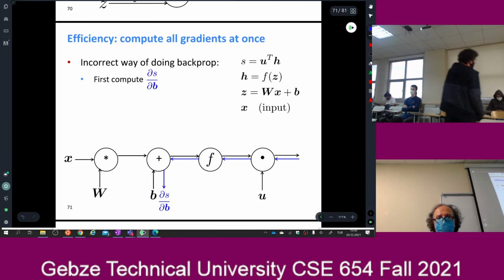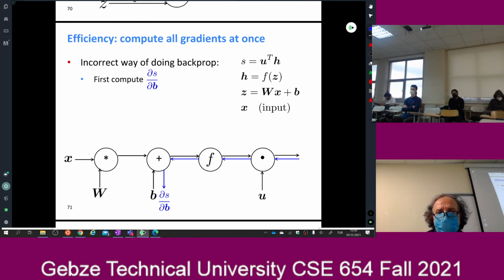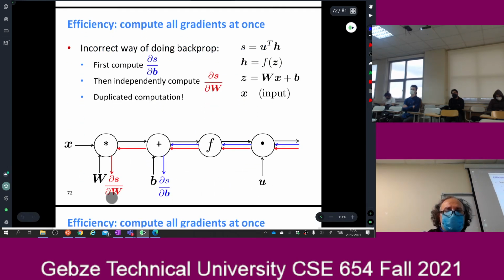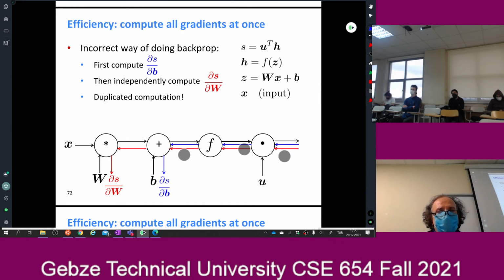So what we did before was this. Coming back here, the derivative of s with respect to b, we already calculated that one. So if we are going to calculate this one, it doesn't make any sense to calculate all of these together again. That would be very, very inefficient.